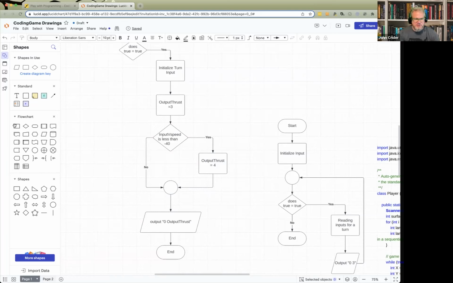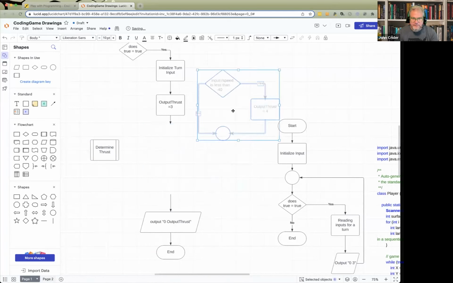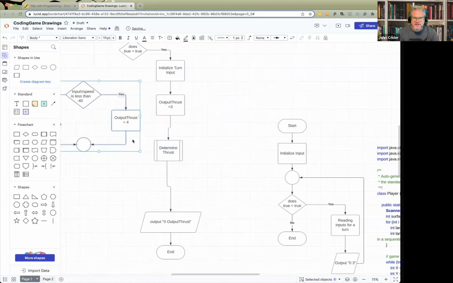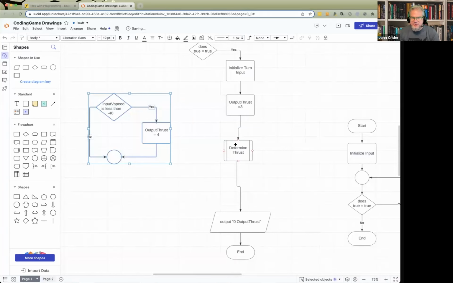Something that dawned on me as I was building this, and I didn't count on this at the beginning, is I could, coding here, so there is this idea of I could have a subprogram or a subroutine that determines thrust.